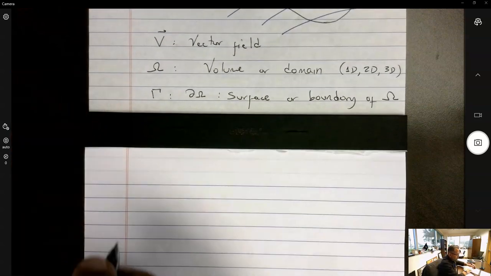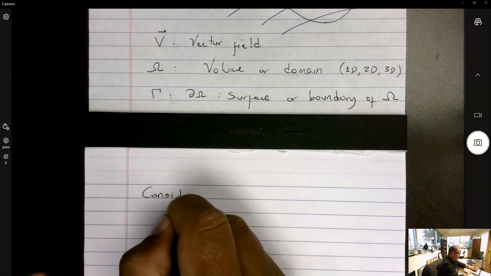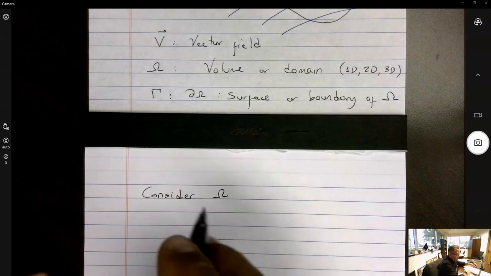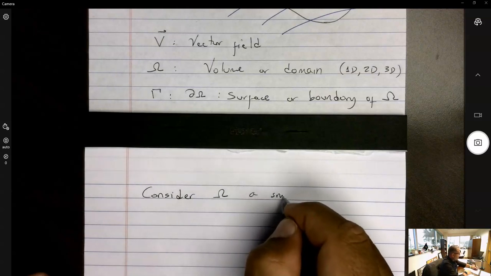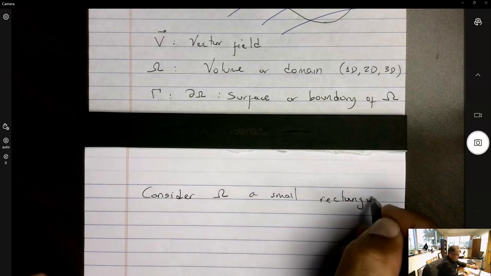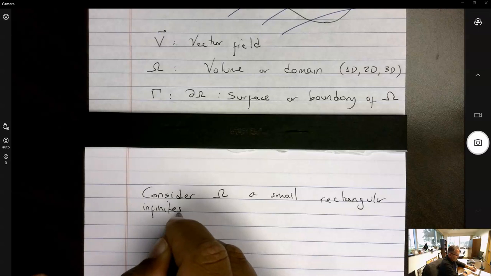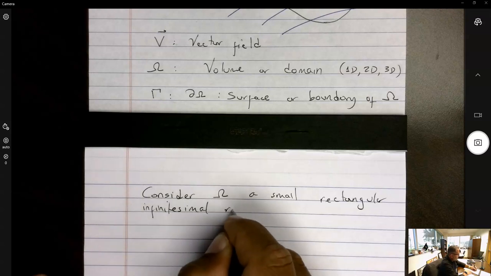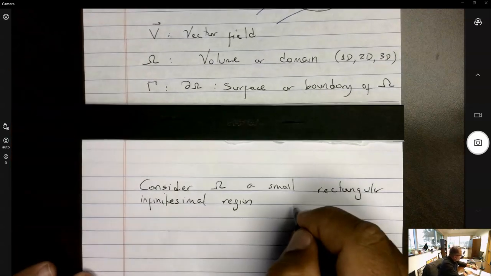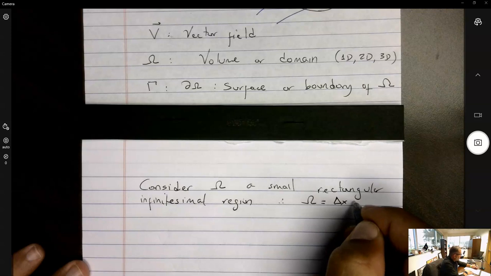So in order to do so, we're going to use a very old trick that comes in handy in pretty much every situation. You take this omega and make it a small rectangular infinitesimal region. So every time you want to figure out what these very complicated forms look like, you make it small and you make it rectangular.